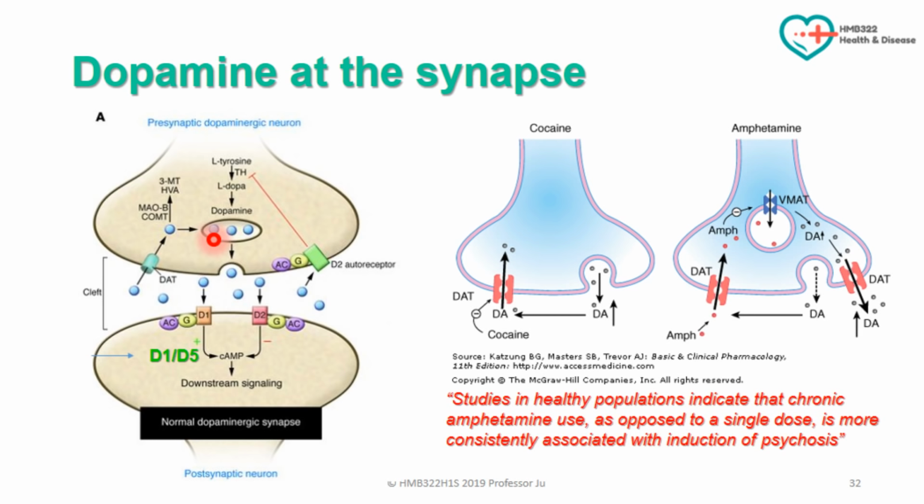Dopamine can also work postsynaptically. So we have receptors that are G protein coupled on the postsynaptic side. So dopamine works in a variety of different places. Again, just keeping that in mind. The other thing, as I mentioned to you in the previous slide, a lot of these different psychostimulants, drugs that we can take, things like cocaine, for example, one of the things that cocaine does is it will actually inhibit this dopamine transport system.